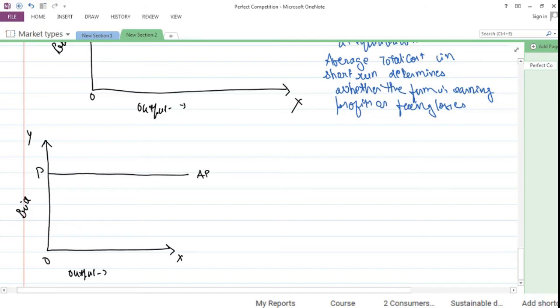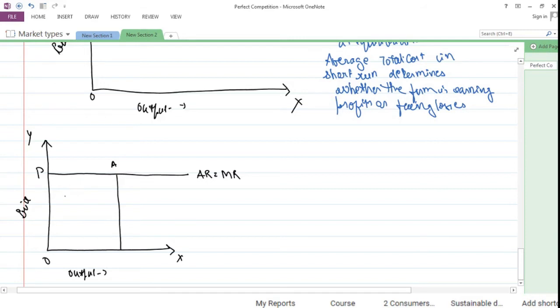The price is determined at a stage wherein the average revenue is equal to marginal revenue. Say for example, if the firm is selling this quantity of output, here we would be denoting it with, let's say, rather than O, we would be denoting it with A.